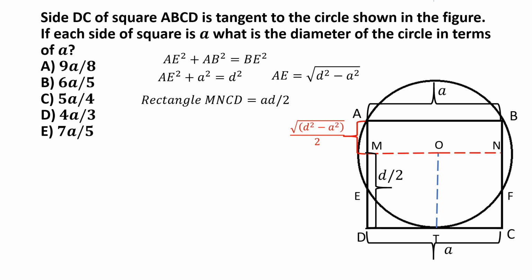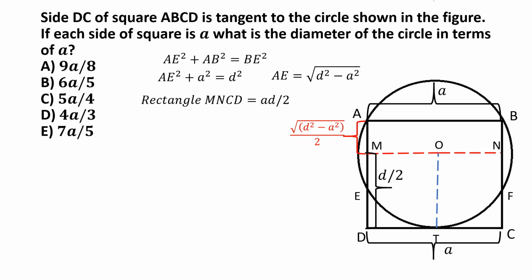So we can calculate the area of this rectangle MNCD. We know that one side is A, the other side is D by 2. So we have A multiplied by D by 2, which is AD by 2. So that's the area of rectangle MNCD. What about the area of the other rectangle that's formed, namely ABNM?